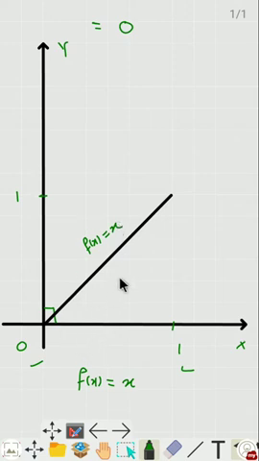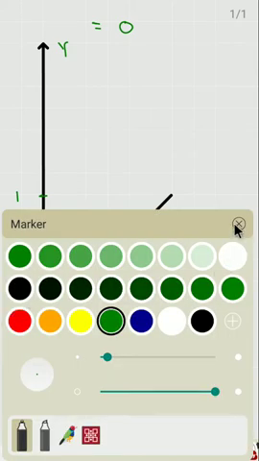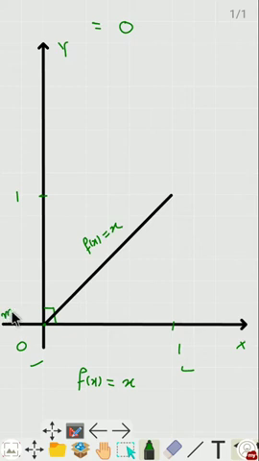The lower end of that graph is here, and this point is nothing but small m. The value on the y-axis is nothing but m f I, meaning the value is 0.